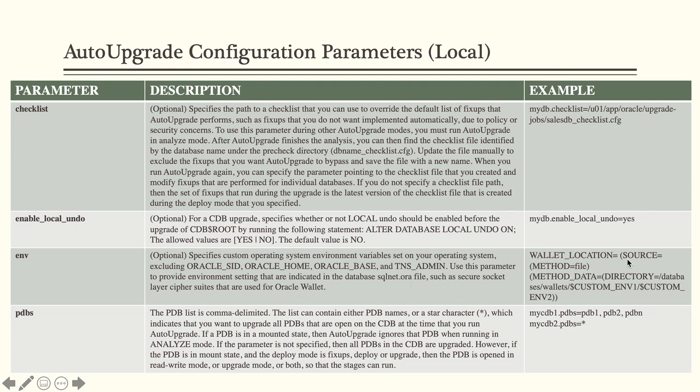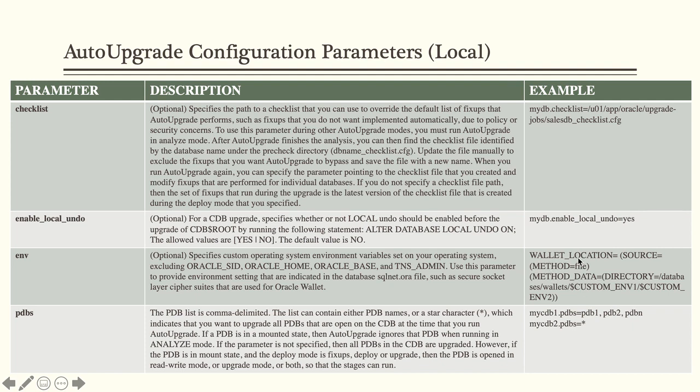So I said wallet location is one of my parameters. Then I said source, methods equals file directory so and so, and you can pass the custom env variables. Those custom env could be Oracle SID, Oracle Base, TNS Admin, whatever.